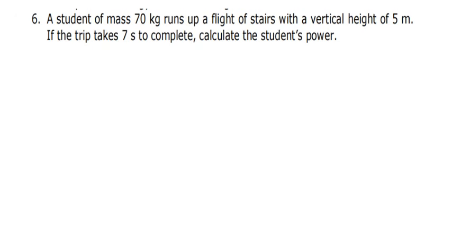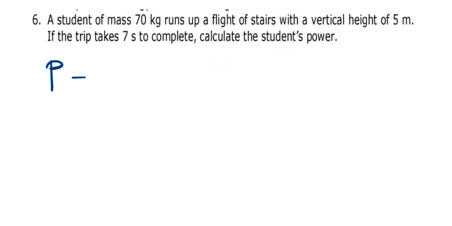Question number 6. A student of mass 70 kg runs up a flight of stairs with a vertical height of 5 meters. If the trip takes 7 seconds to complete, calculate the student's power. Okay, so we are trying to find the student's power. We know that power is equal to work divided by time.